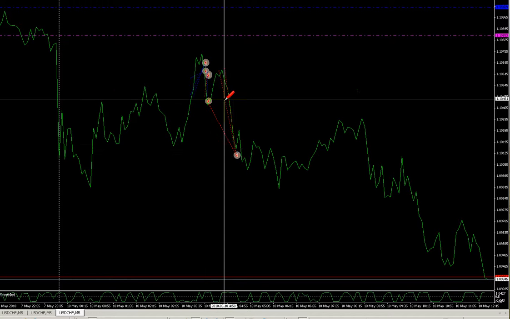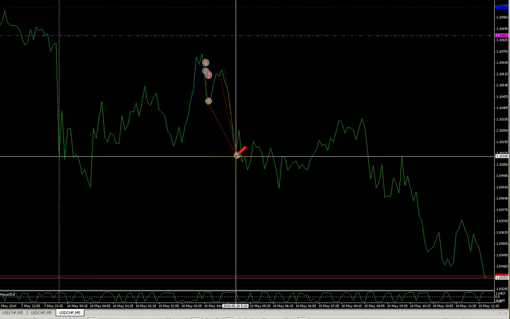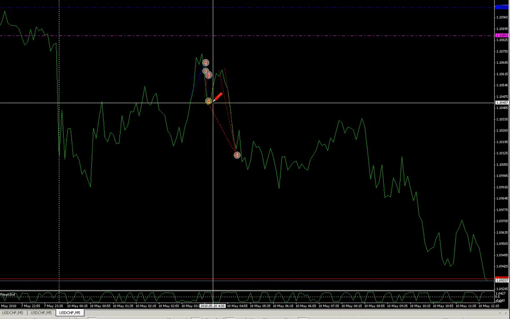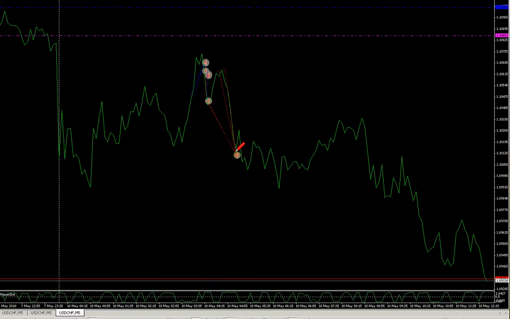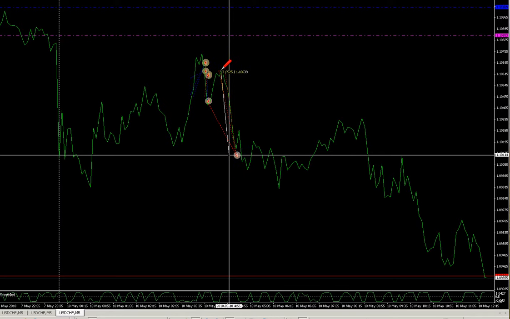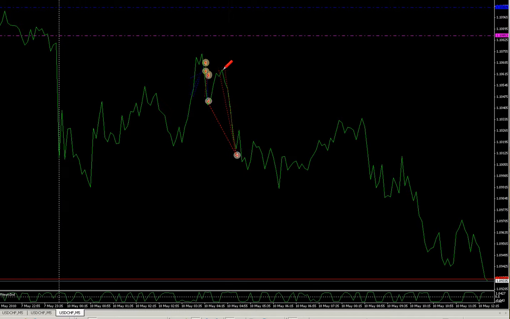These are the shorts that I entered on the market based on this projection that I'm showing you now, and you can tell here is 32 pips, 32 pips, and then an average of 53 pips times 2.